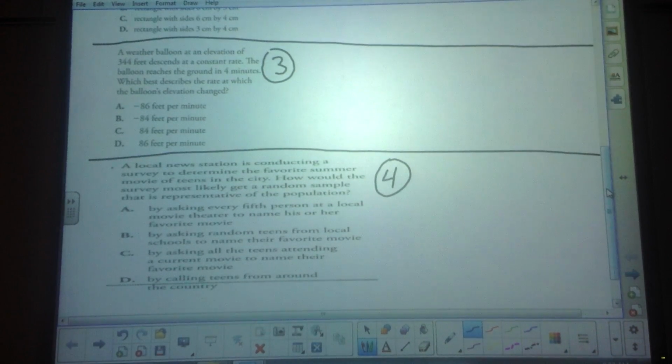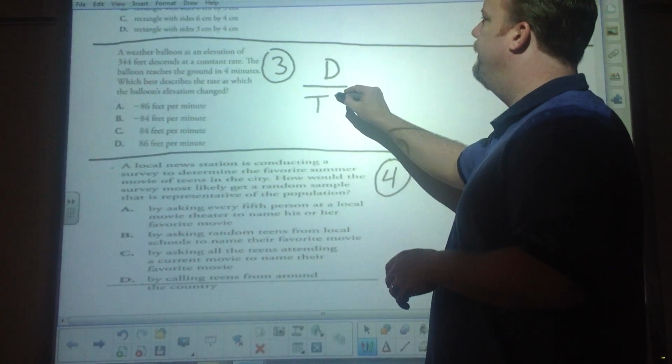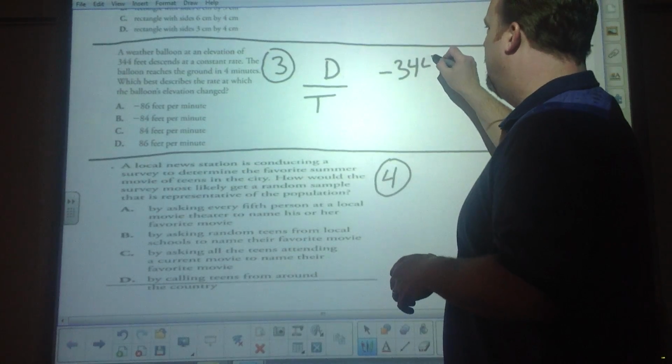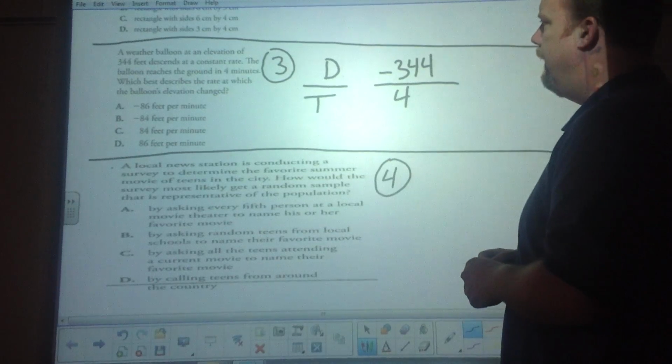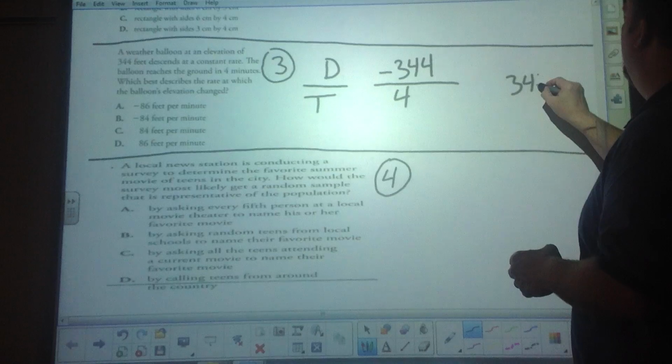We want to know, and please don't multiply this. This is a unit rate where we're going to have distance over time. Here we have negative 344 feet. Please be careful with your negatives in the 4. Okay. So we're going to divide negative 344 by 4.